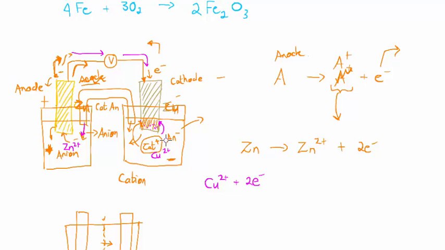Because electrons are flowing from zinc to copper, copper now becomes more negative. That's why the copper electrode itself now has a negative charge. So it is attracting positive ions out of the solution onto it. So on the cathode side, pure copper is forming.